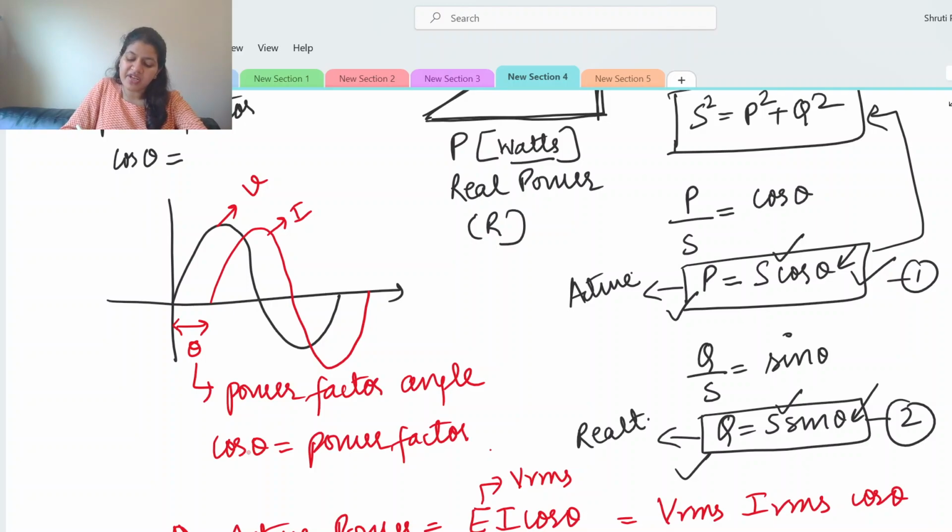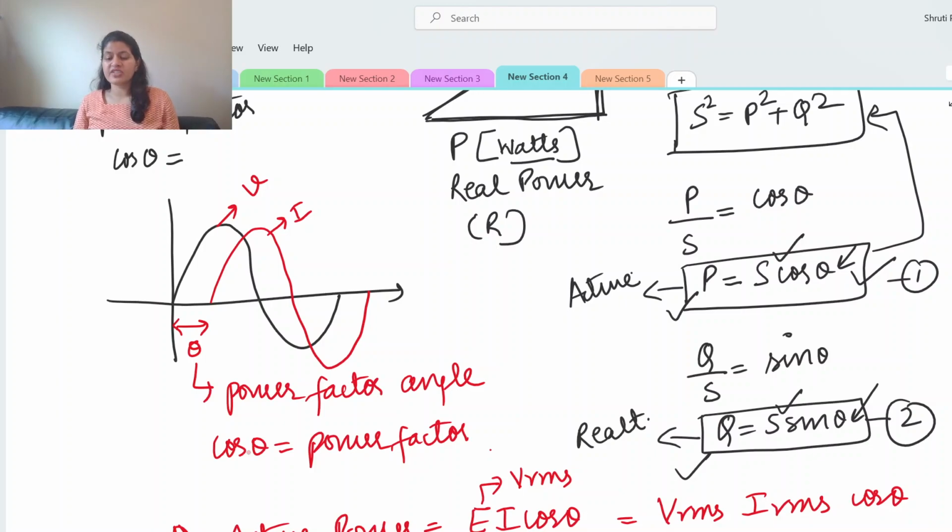The formula for reactive power is EI sine theta, or we can write it as VRMS IRMS sine theta. Okay, and the apparent power is E into I, no cos theta, or the value of cos theta is 1 here. So this is VRMS into IRMS.